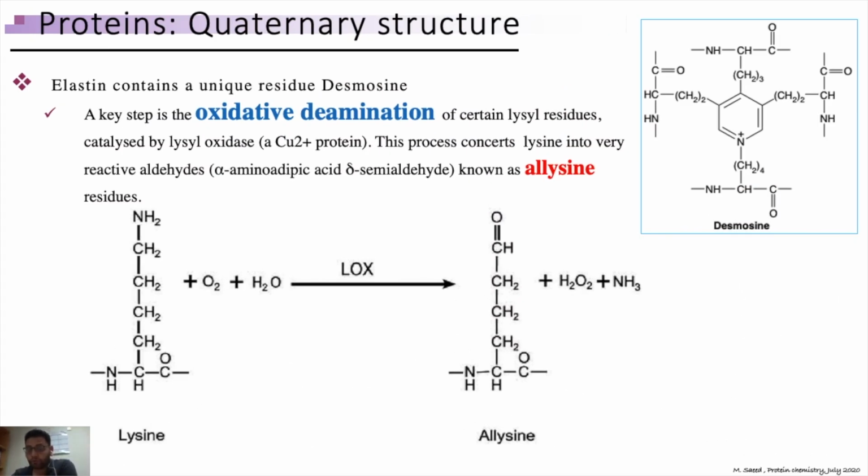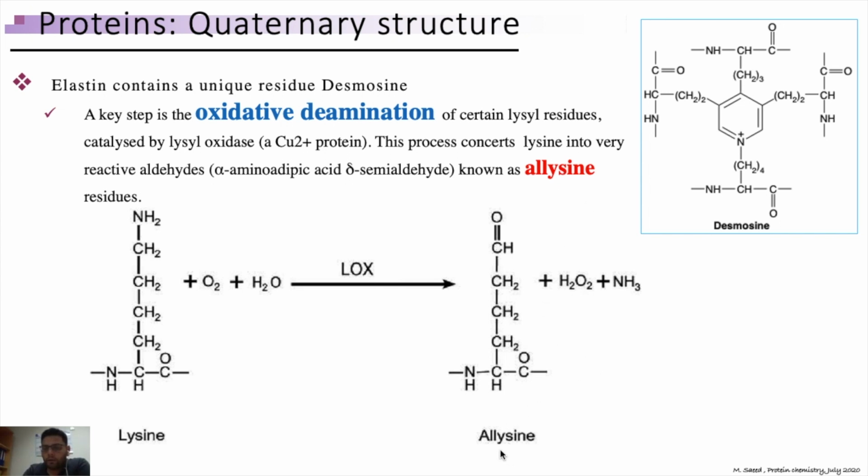This cross-linking takes place in the outer extracellular environment of the cell. So the elastin protein is produced within the cell. As soon as this elastin is produced in the extracellular matrix, it goes through a key oxidative deamination step, and as a result, the lysine residue is converted into a lysyl residue, which in turn is converted into an allysine residue by the action of the enzyme lysyl oxidase, and this overall process converts lysine into a reactive aldehyde species, which is called allysine.